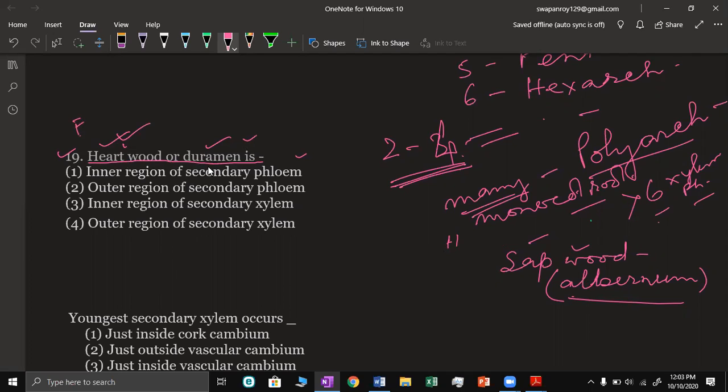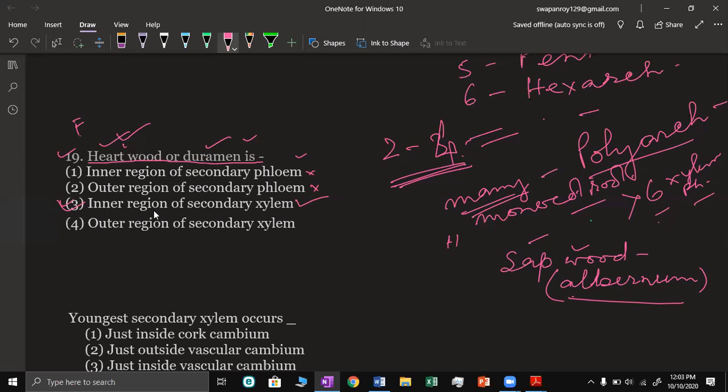So heartwood or duramen is what? Is it the inner region of secondary phloem? No. The outer region of secondary phloem? No. It is the inner region of the secondary xylem.